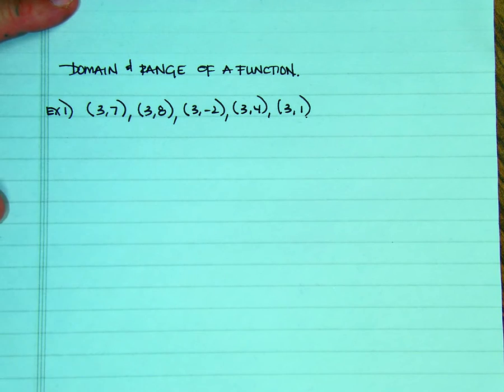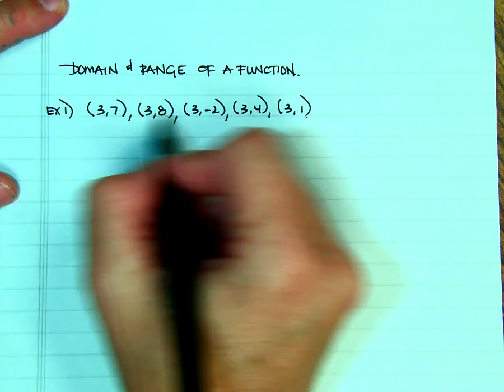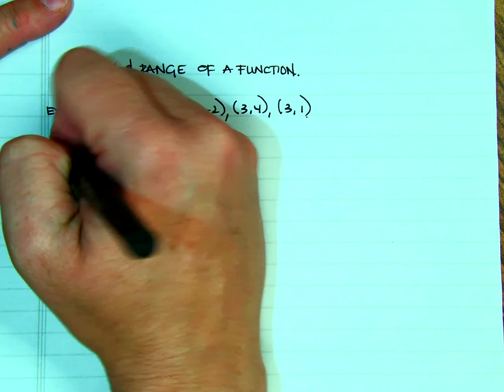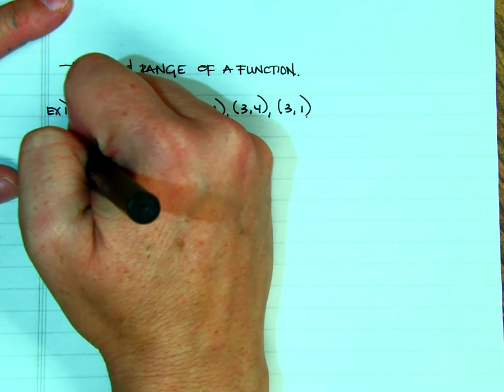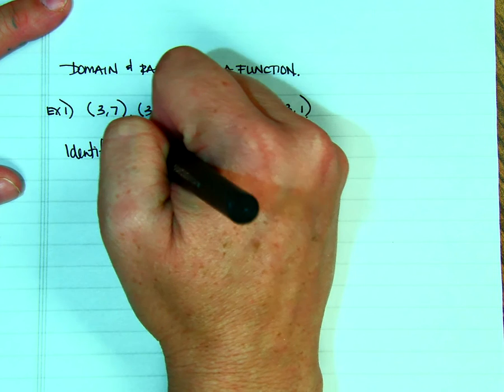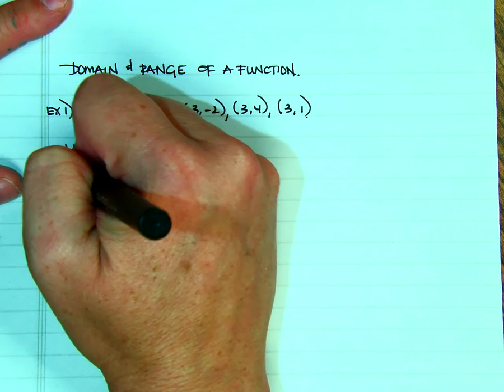Okay, so I have those 5 ordered pairs. If you need to pause, go ahead. And we are going to do 4 things with each of our data sets. We are going to identify the domain. We're going to identify the range.